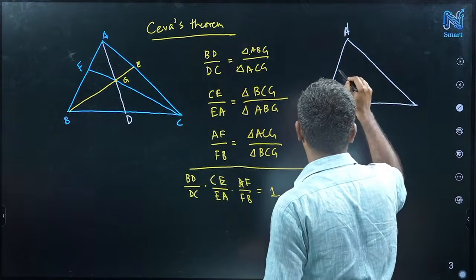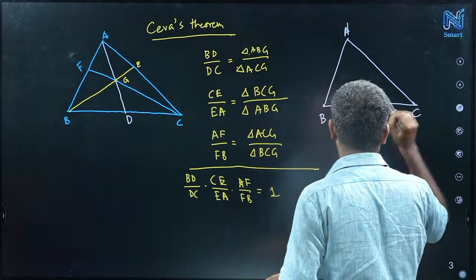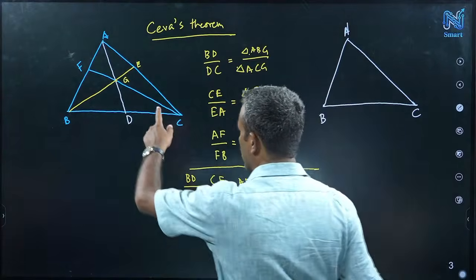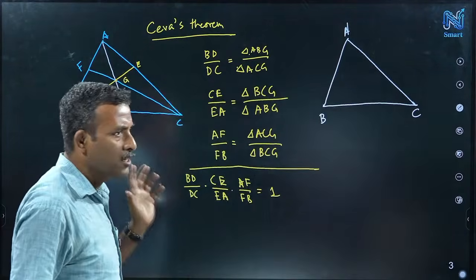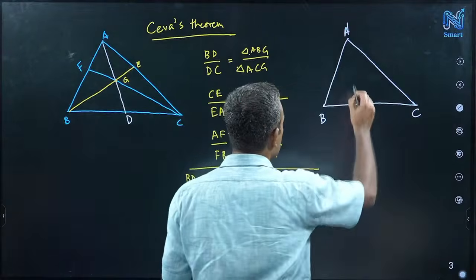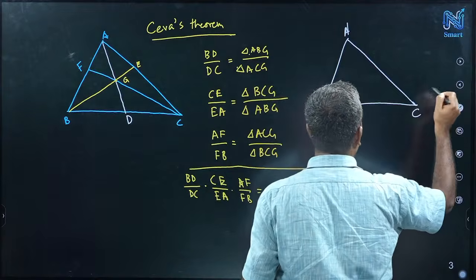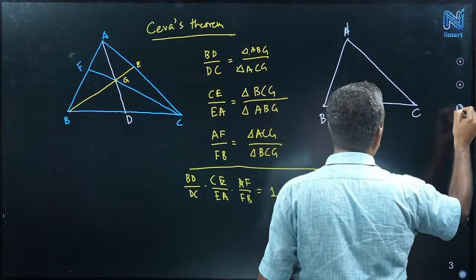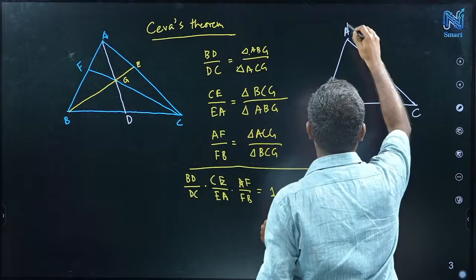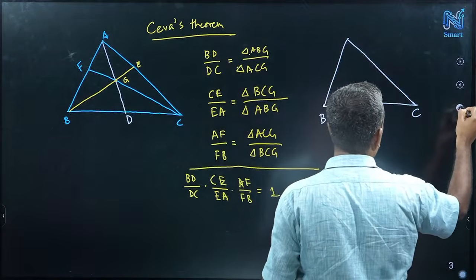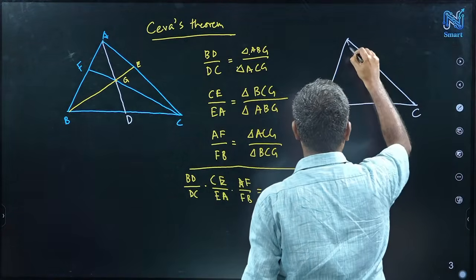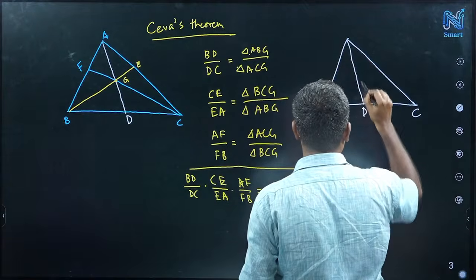ABC is a triangle, and D, E, F are the special points. D is the midpoint of BC.